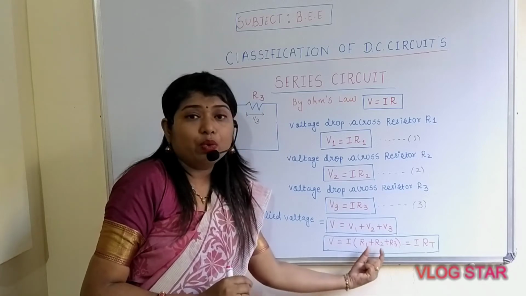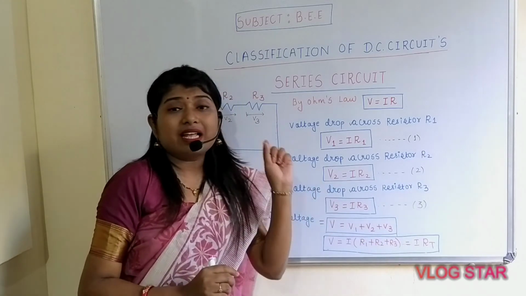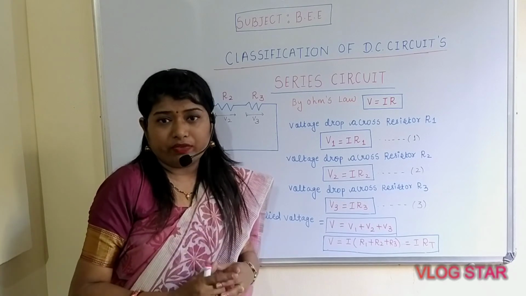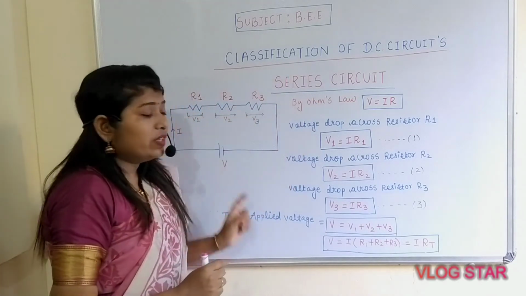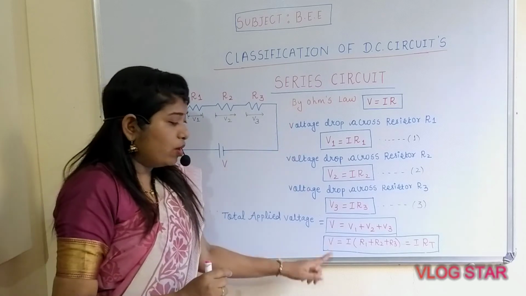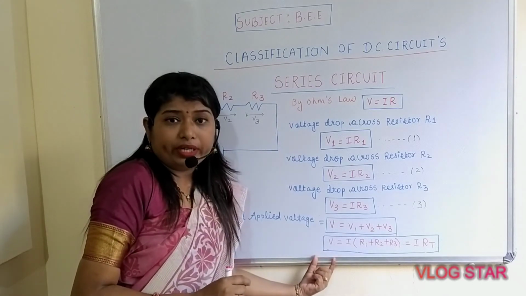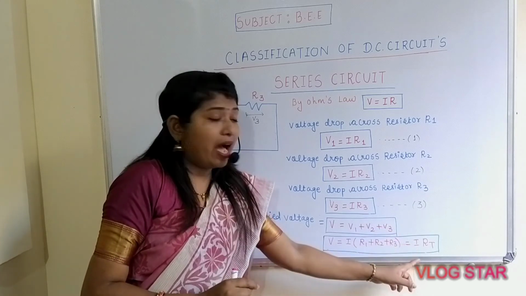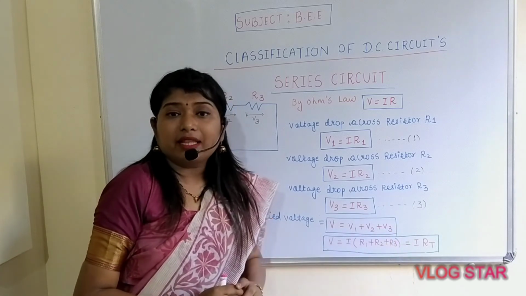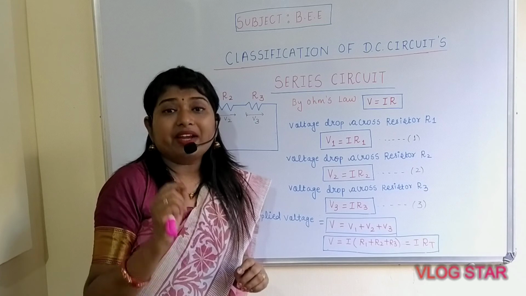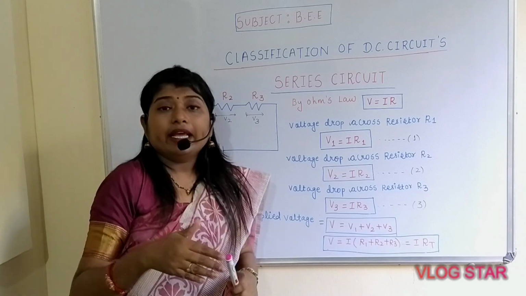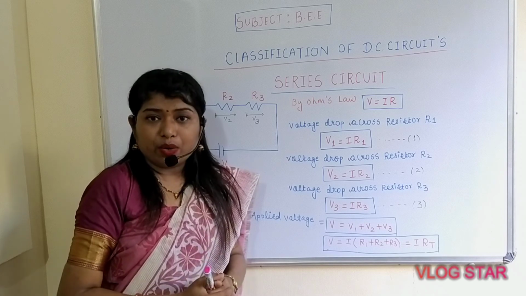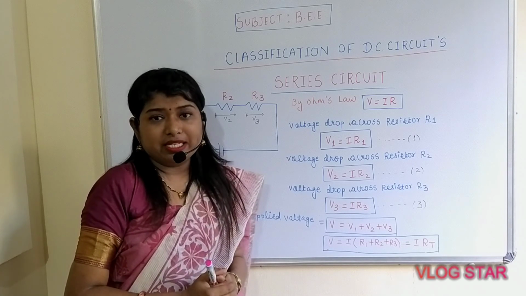R1 plus R2 plus R3, which is nothing but the total equivalent resistance of the circuit. So in case of the series circuit, by Ohm's law, the applied voltage is equal to I into RT. That is, RT is nothing but the total equivalent resistance of the circuit. In the next lecture, we are going to apply the voltage divider rule and current divider rule in the circuit.